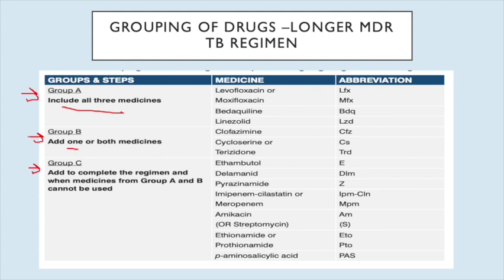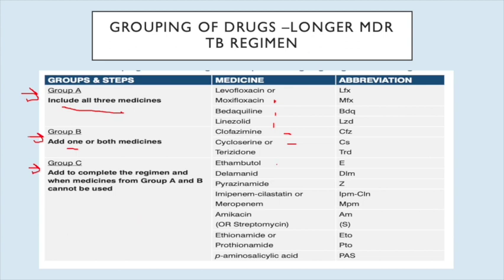So what are the medicines in Group A? These include number 1 fluoroquinolone, levofloxacin or moxifloxacin, number 2 bedaquiline and number 3 linezolid. What are the Group B agents? Clofazimine, cycloserine or terizidone. What are the Group C agents?